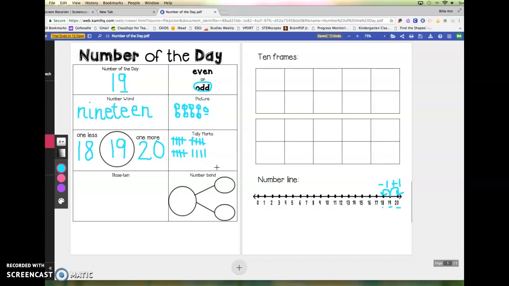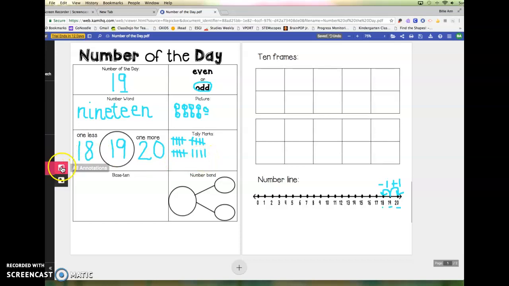So I do not cross over, do I? But I can count by fives, 5, 10, 15, and then count on by ones, 16, 17, 18, 19.